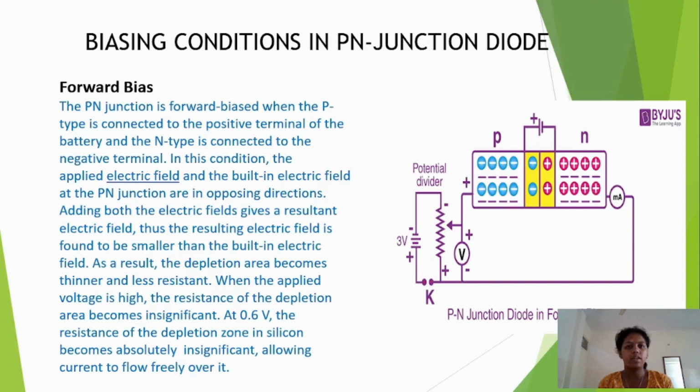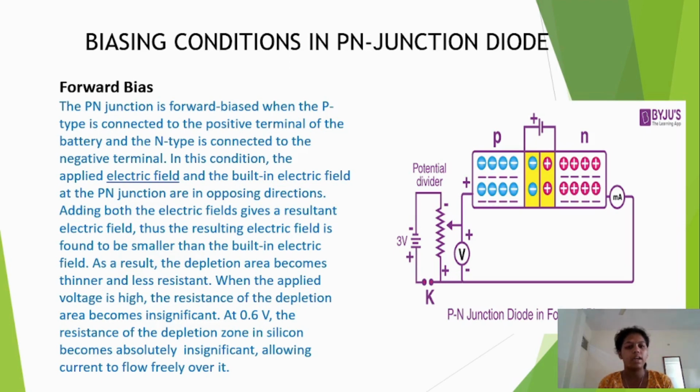Biasing conditions in PN junction diode. In forward bias, the PN junction is forward biased when the P-type is connected to the positive terminal of the battery and the N-type is connected to the negative terminal. In this condition, the applied electric field and the built-in electric field at the PN junction are in opposite directions. Adding both the electric fields gives us a resultant electric field.